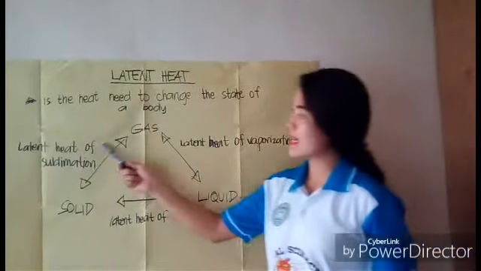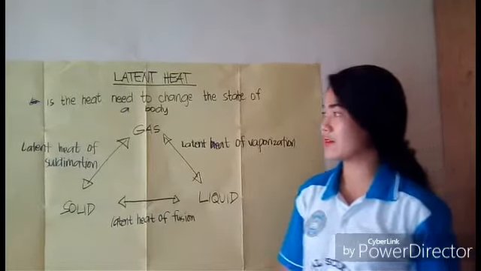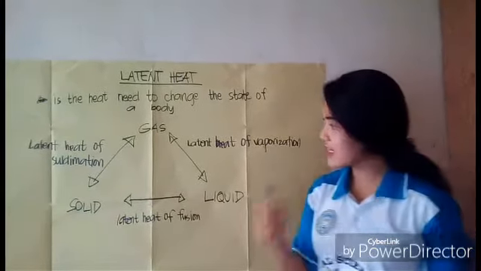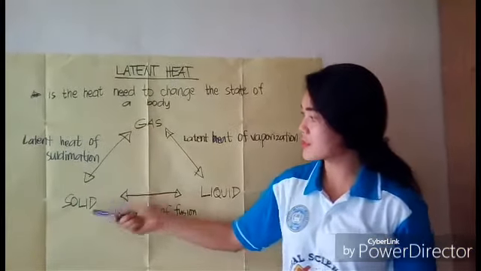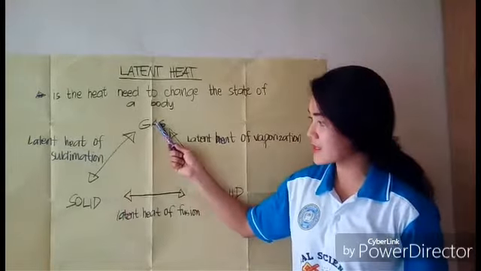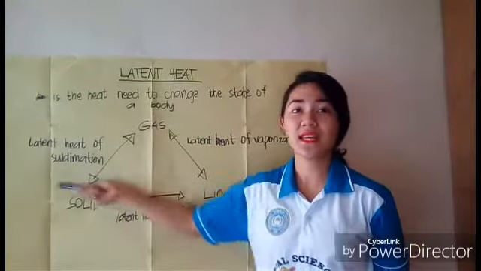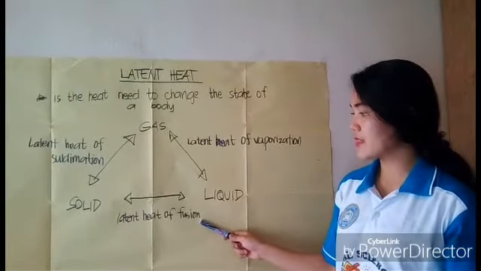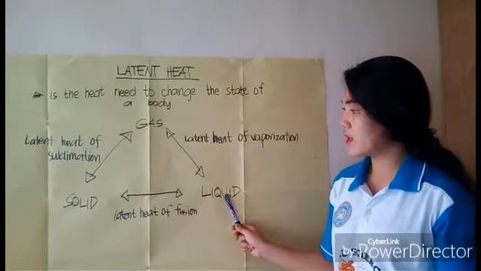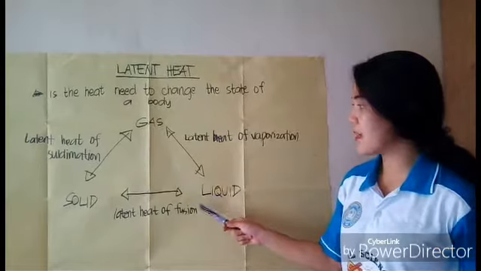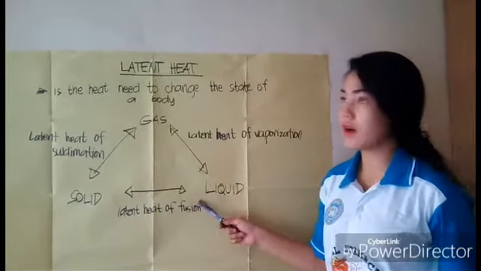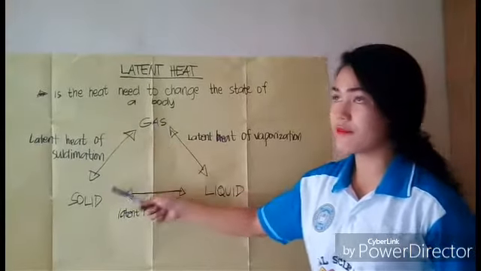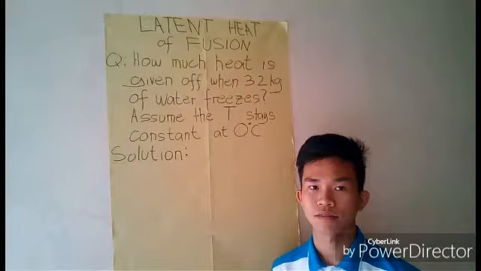The last kind is the latent heat of sublimation. To change from solid to gas and gas to solid, we need the latent heat of sublimation. This applies, for example, in water, and from solid to gas, we have dry ice.